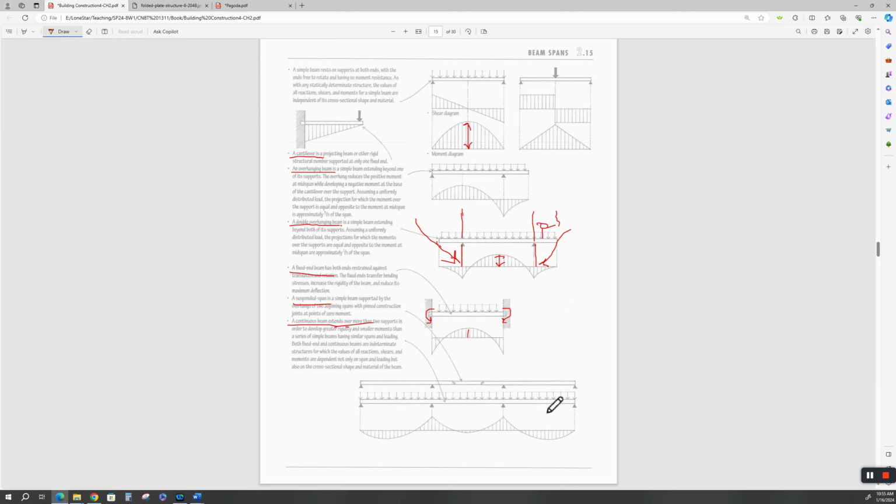All right. Now he is making a distinction here. A suspended span is a simple beam supported by overhangs of two adjacent spans. You see this joint right here? That would be like a precast concrete panel that was set in there. So this panel is being supported by this overhang and this overhang, okay?